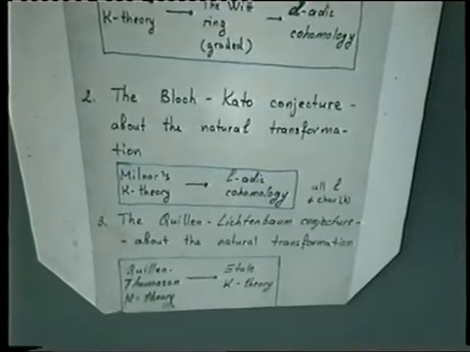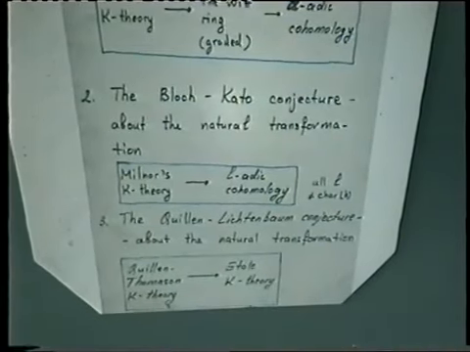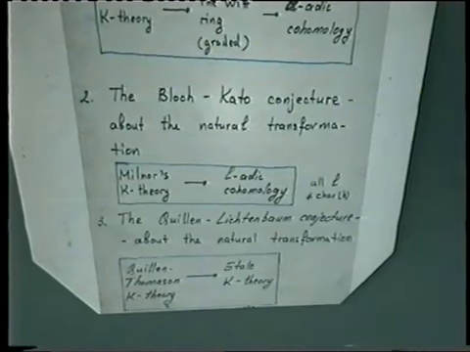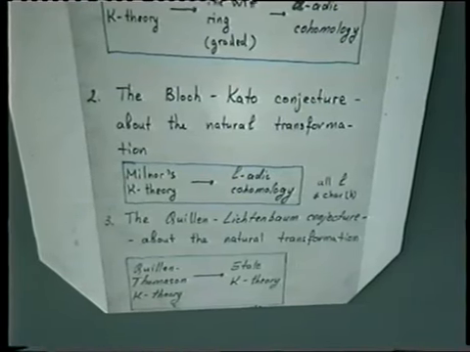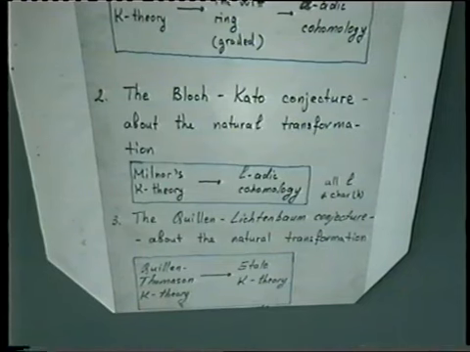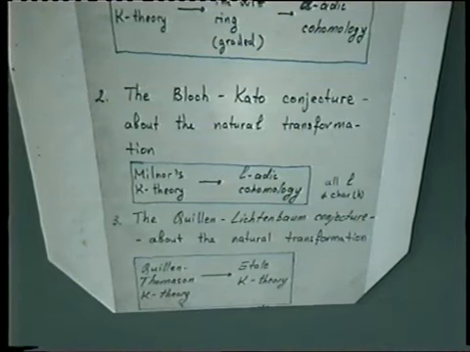And there was also something called the Quillen-Lichtenbaum conjecture, which talks about the map going from the Quillen-Thomason K-theory, which is just what we are used to call algebraic K-theory, to the étale K-theory, which was introduced by Friedlander, I believe.